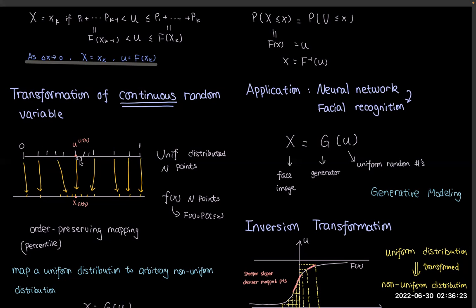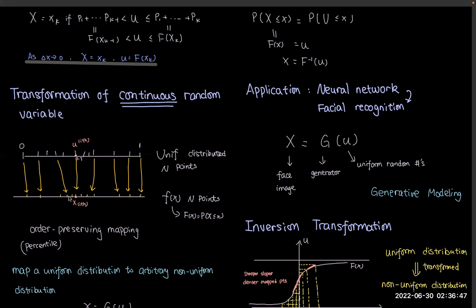So here this is uniform, but this is not uniform. You see here it's more concentrated. So the density is like this: high density in this range, but less density here. In any case, suppose we have endpoints here and endpoints here, so we can consider a mapping so that each point here is mapped to a point here.